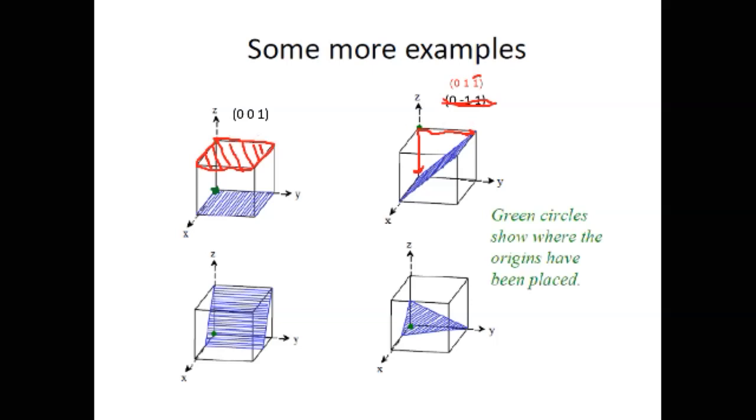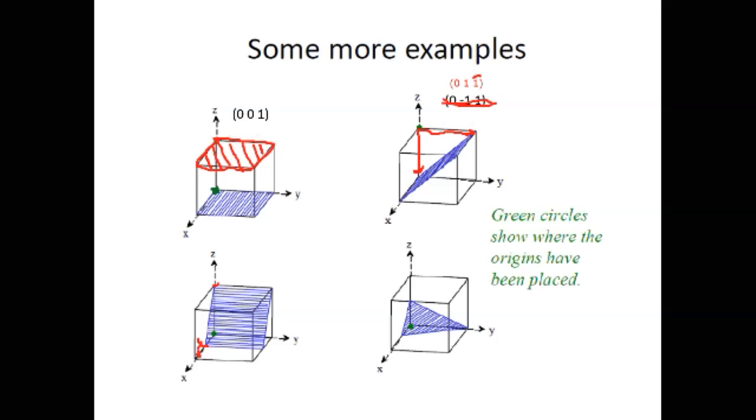Likewise, if we look at the next one, here the origin is behind the plane. So you see that it crosses the x-axis at a half and the z-axis at 1. But you'll notice it will never cross the y-axis, because the y-axis is actually behind this plane.